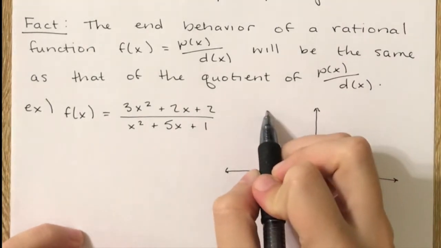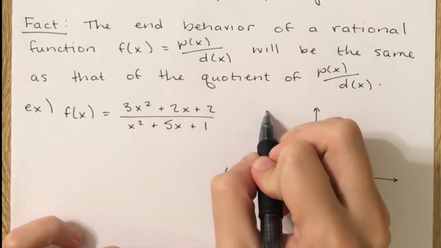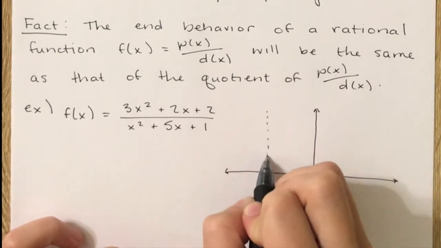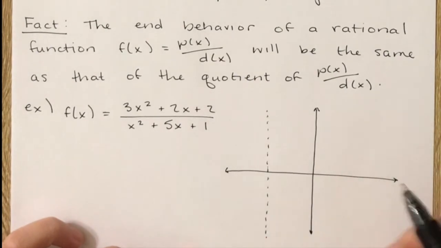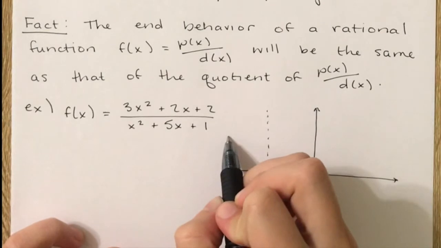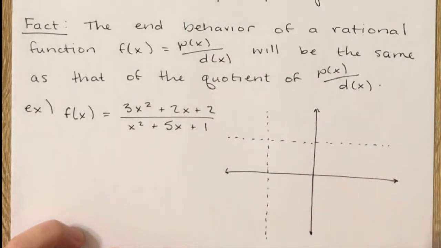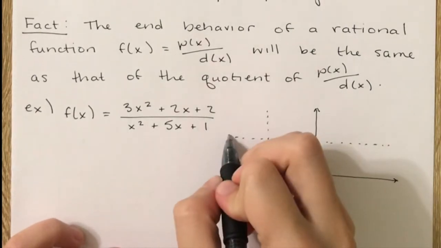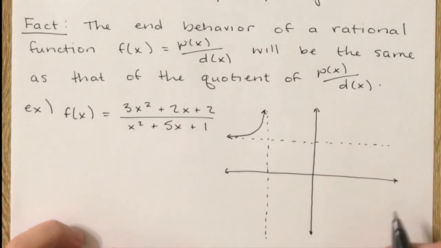Looks like we've got this sort of vertical asymptote. I'm looking at this in Desmos. We've got this vertical asymptote, and then we've got a horizontal asymptote here. That's what we're trying to find right now. The graph looks like this in this upper portion.